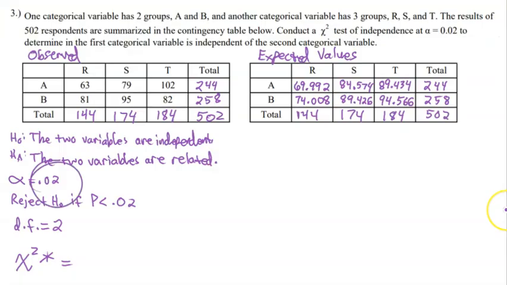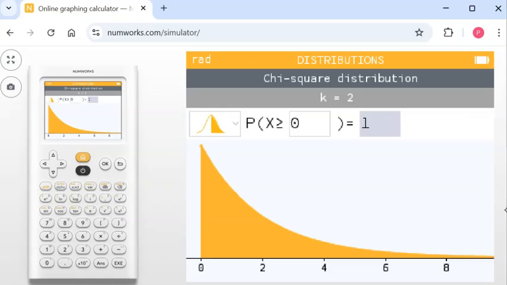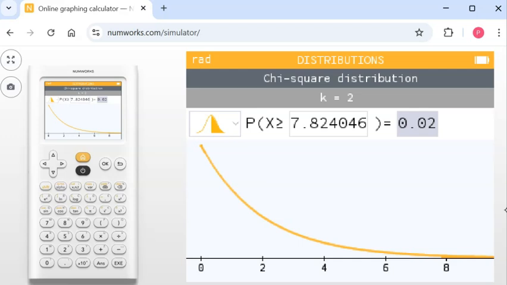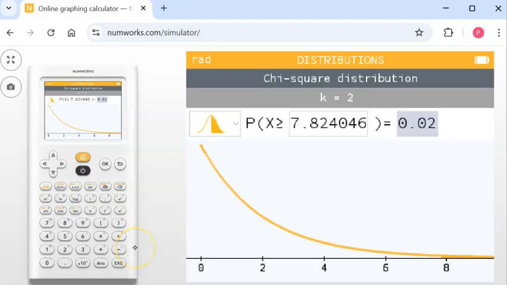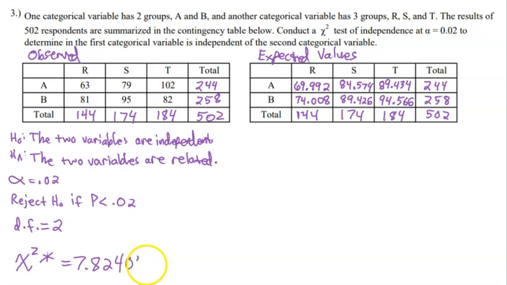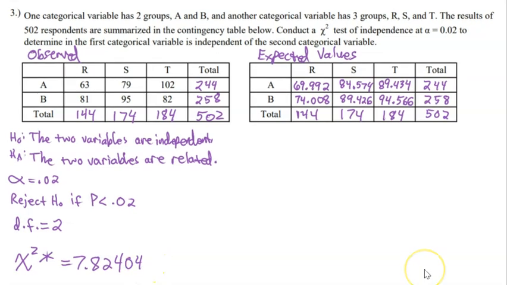Our alpha was 0.02, there it is. So we're going to put in 0.02, and our chi-square critical value is going to be 7.824046.